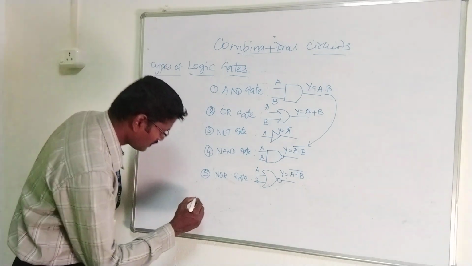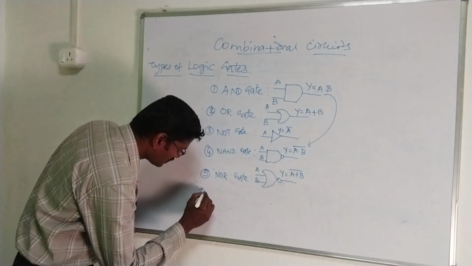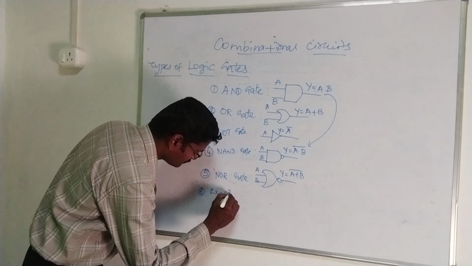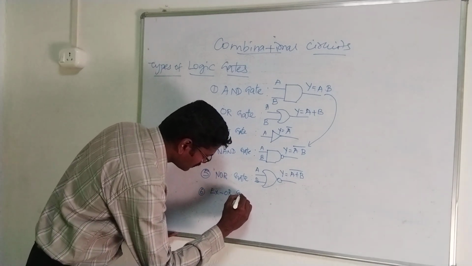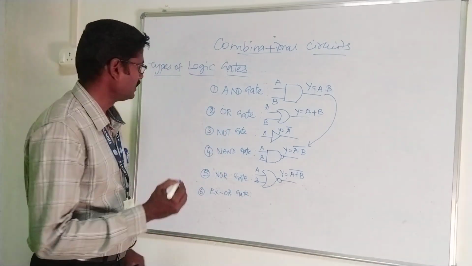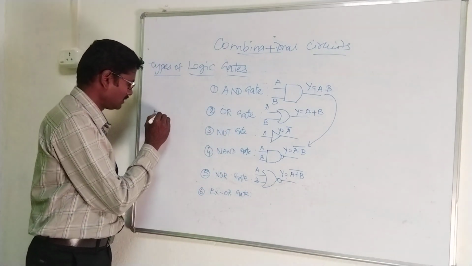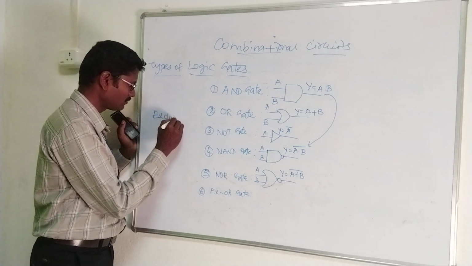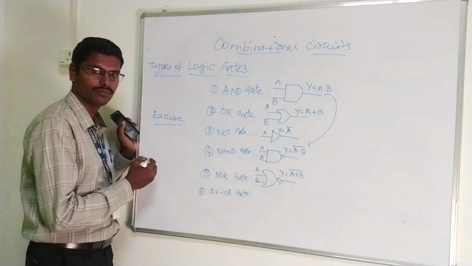So next, number 6, XOR gate. XOR is nothing but X means exclusive, right?